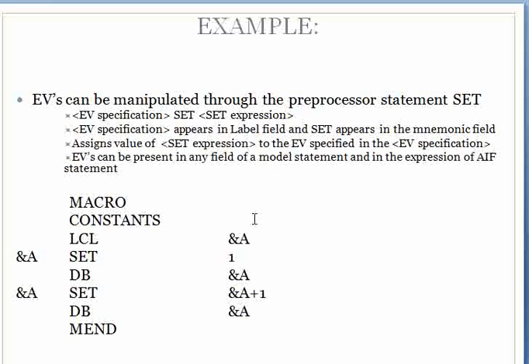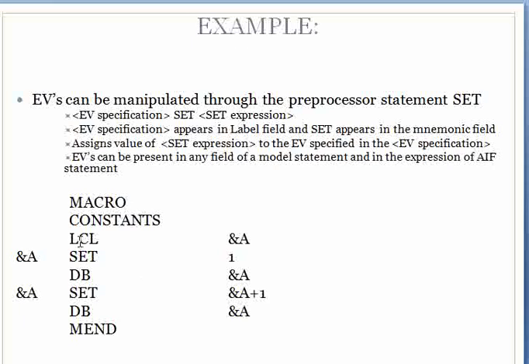It can then contain advanced macro facilities like LCL, and model statements like MOVER, MOVEM, ADD. Model statements are statements which during expansion become assembly language statements. There was also one more kind, the preprocessor statement. The SET statement is an example of a preprocessor statement that can appear in your macro body.